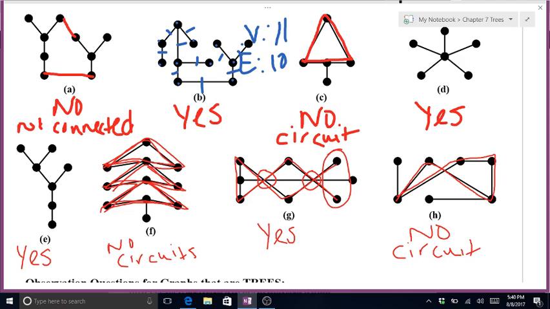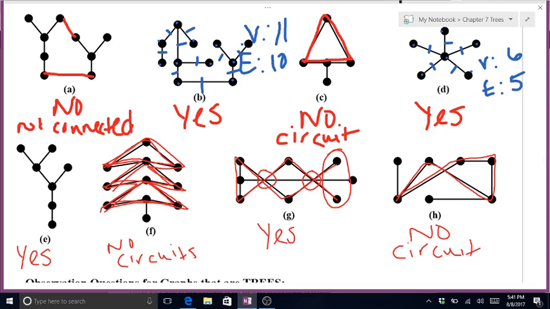Take a look at D. That's our next tree. Vertices, edges: 1, 2, 3, 4, 5, 6 vertices. 1, 2, 3, 4, 5 edges. Some of you have probably already seen the pattern happening here. It's okay, we're going to do them all.